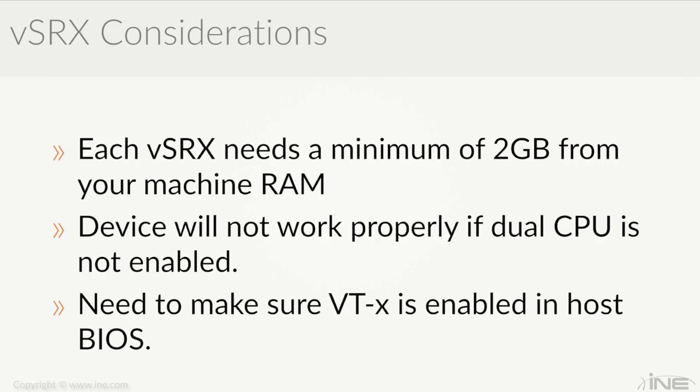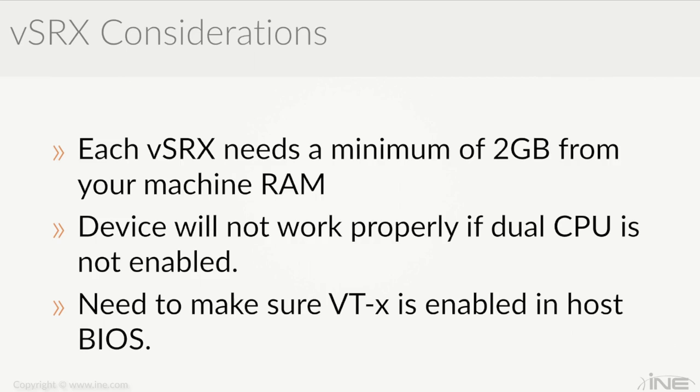Now, another thing is the device will not work properly unless dual CPU is enabled. The reason for this is because dual CPU in the virtual machine will emulate the actual separation between control plane and data plane that is enforced in the Junos software architecture, okay? So you definitely need that.